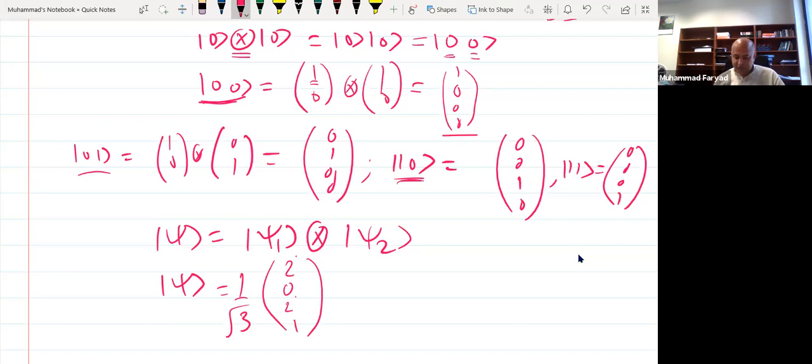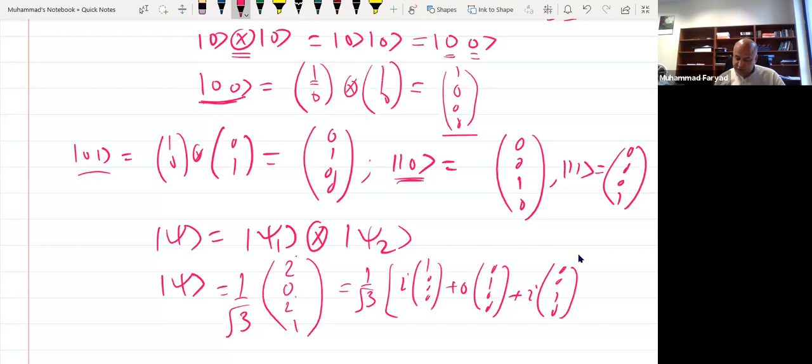And you can easily see that this can be written as 1 over square root 3 times: iota times (1, 0, 0, 0) plus 0 times (0, 1, 0, 0) plus iota times (0, 0, 1, 0) plus 1 times (0, 0, 0, 1).